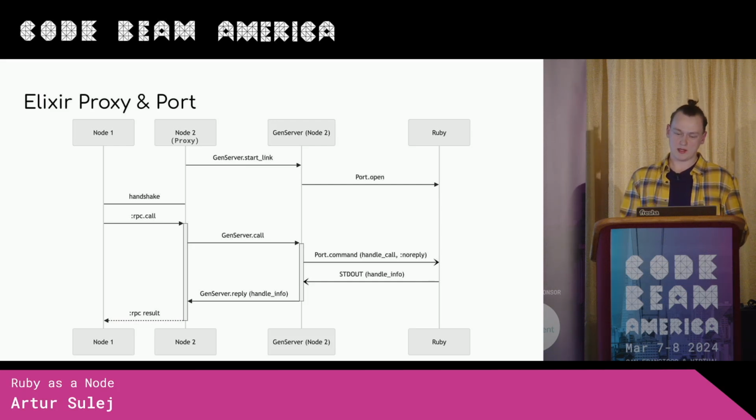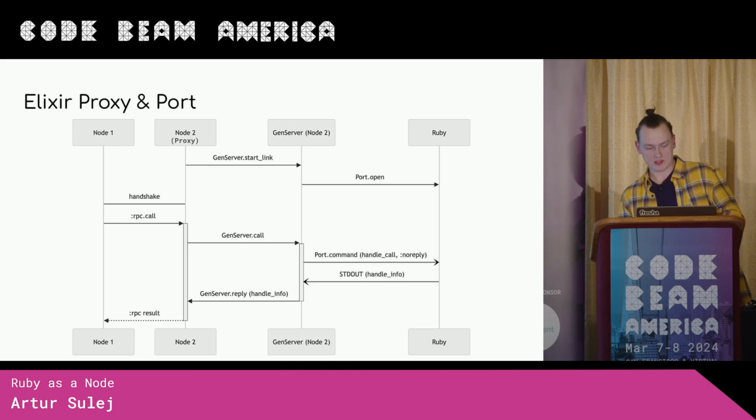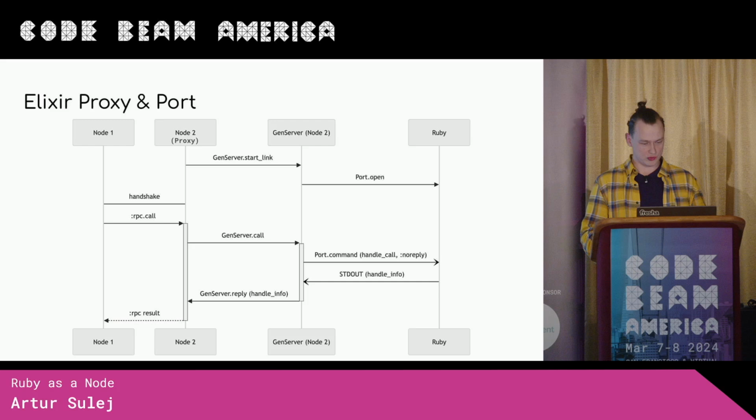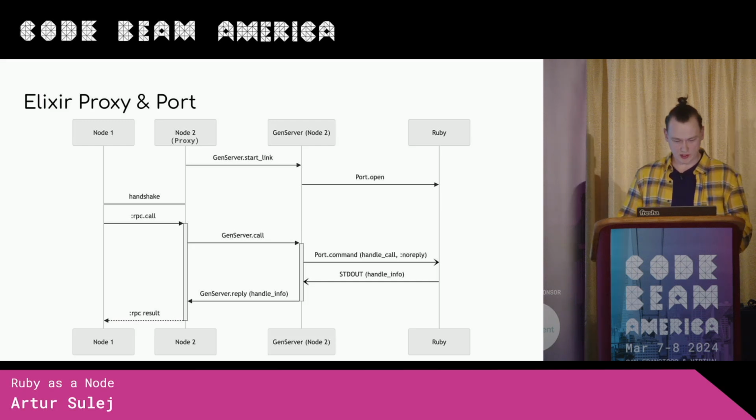It will keep the port in its state. The two nodes will connect, and it's a regular handshake. Once they are connected, they will be able to send an RPC call.